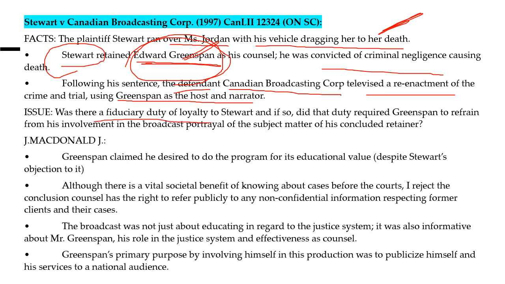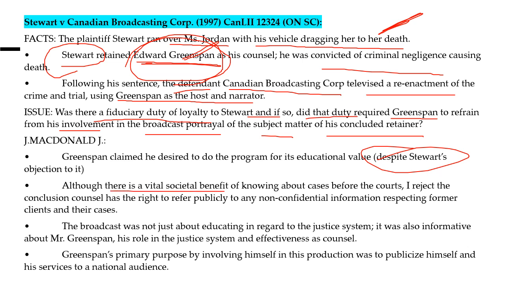Was there a fiduciary duty of loyalty to Stewart, and if so, did the duty require Greenspan to refrain from such involvement in the broadcast portrayal of the subject matter of his concluded retainer? Greenspan claimed in defense that he desired to do the program for its educational value, despite Stewart's objection to it.